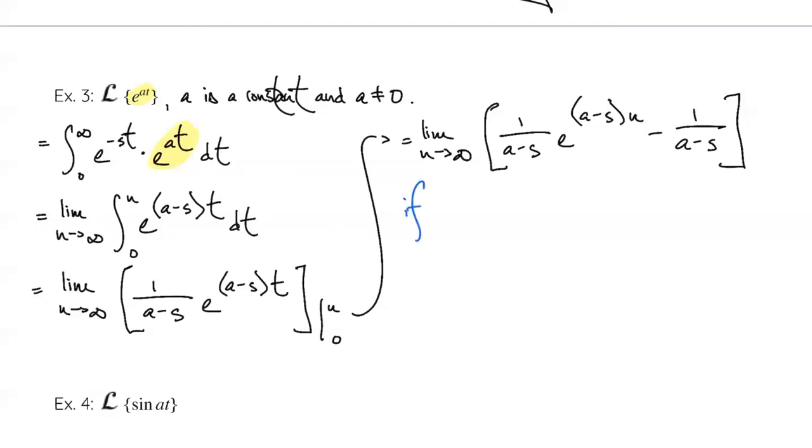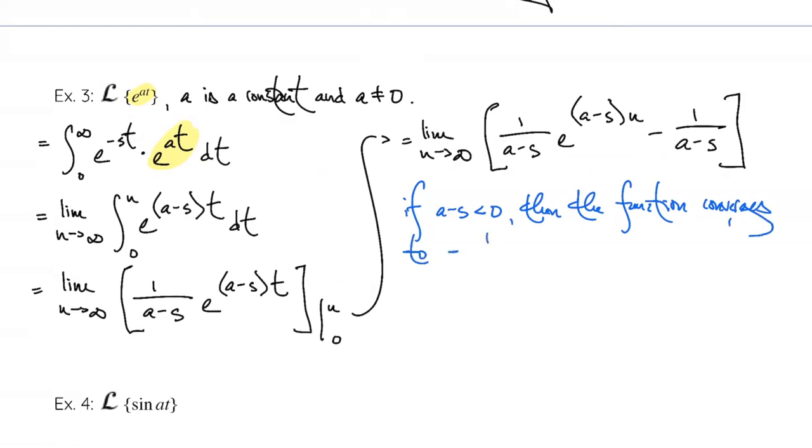So if a minus s, that whole quantity, is less than 0, then the function converges to -1 over a minus s. As we saw before, this part is going to go to 0, and so we'll be left with the -1 over a minus s.